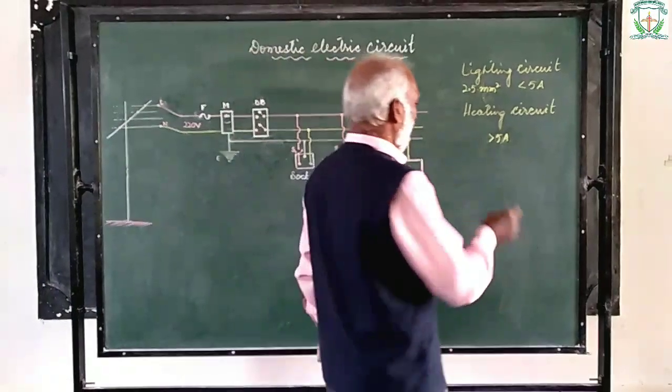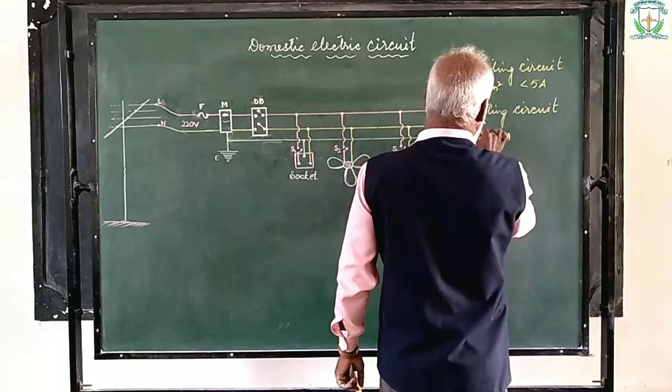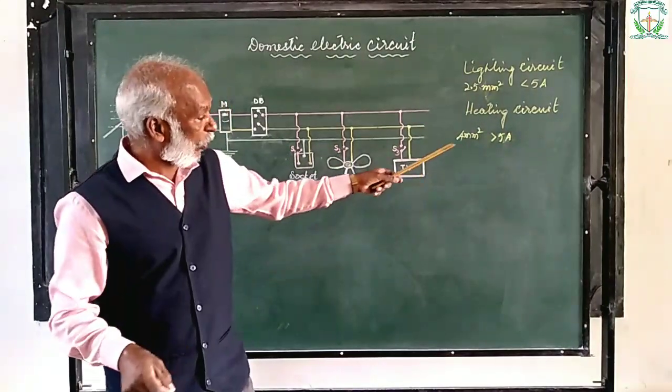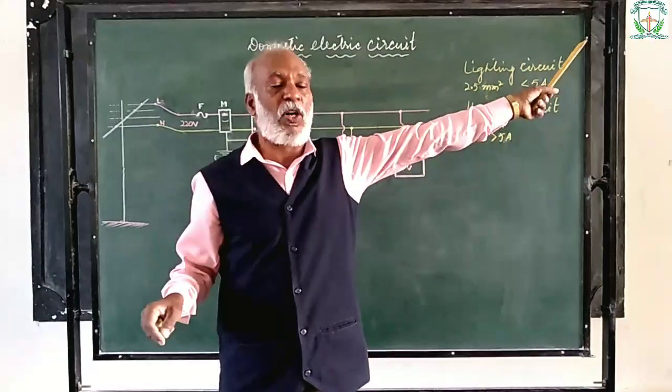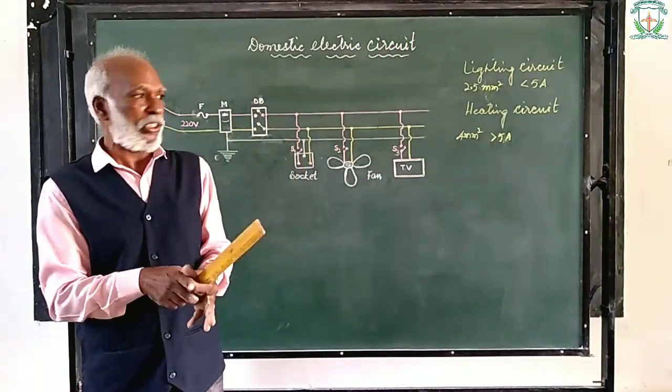For the heating circuit, 4 millimeter square wire is used; thinner wire is used for the lighting circuit. Why this gradation, this change, this difference?